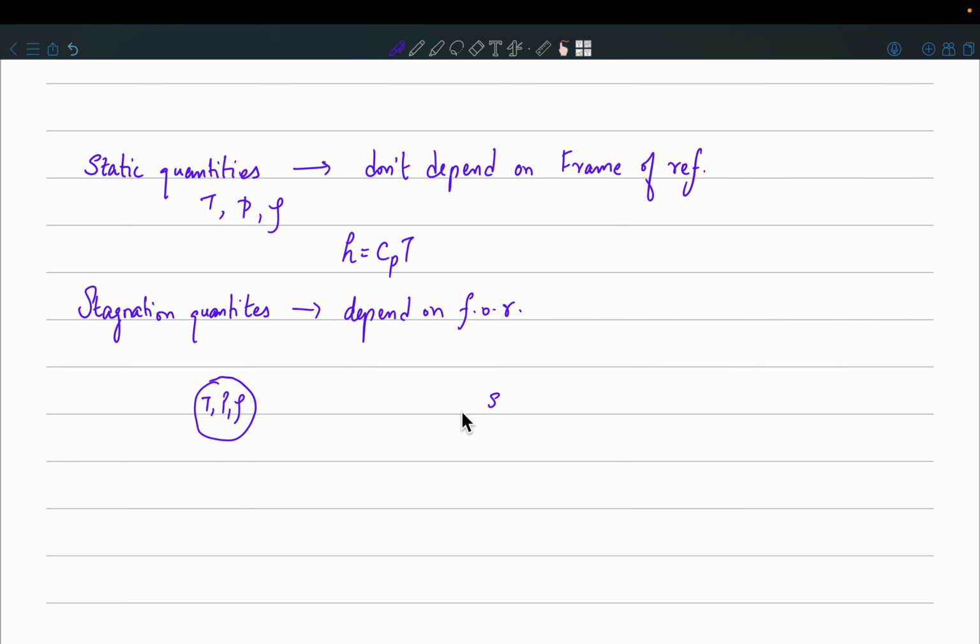So it is not necessary that you have to bring it to a speed 0. One of you said that stagnation quantity is when you bring the flow to a stop. No, it has to be brought to a stop with respect to your frame of reference. Is that part clear?